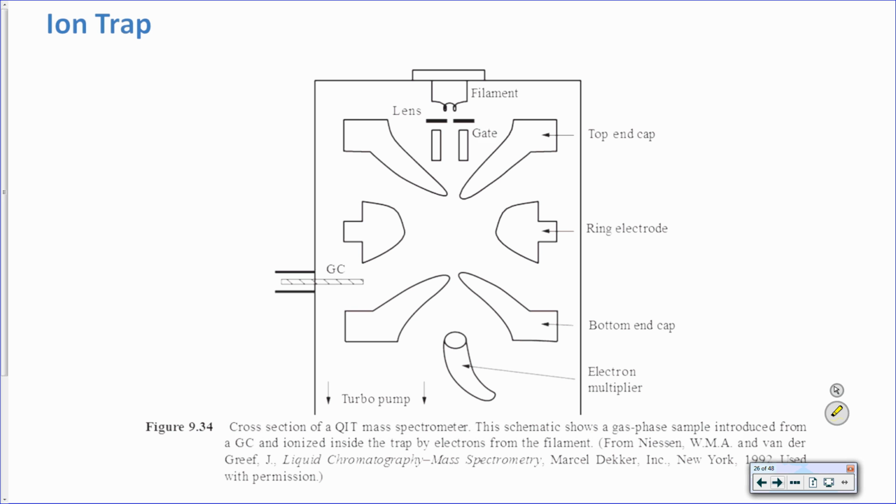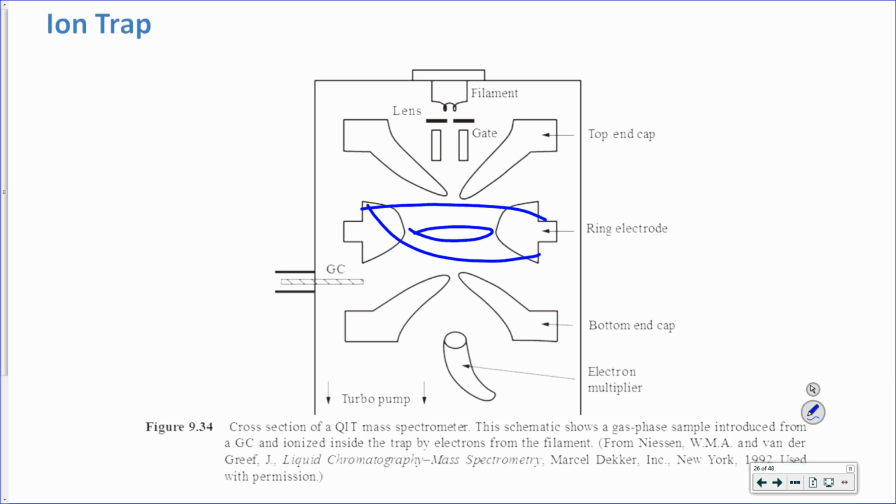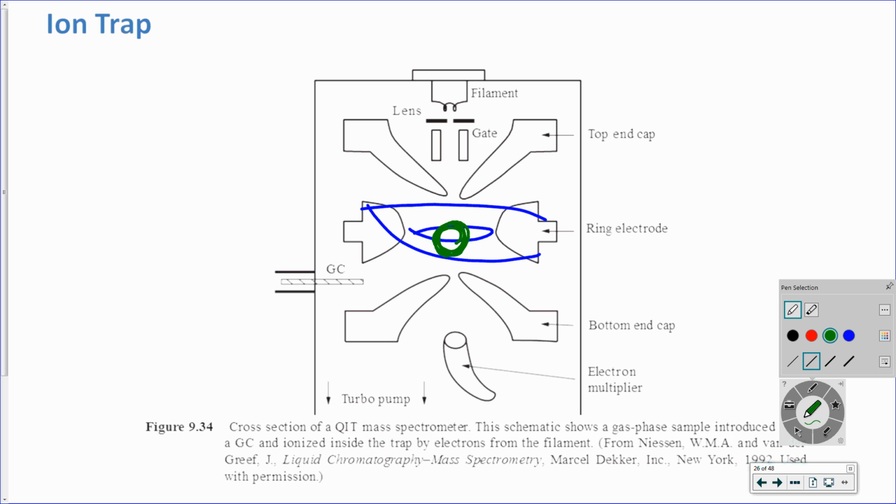So the ions are inside of here, and they get trapped in, if you imagine, this is a toroid shape, so it's a donut sitting in the middle of this thing. All right, so it's got this type of a shape associated with it. And your ions are inside of here, and they're trapped, spinning around. All right, so they're just going in circles.